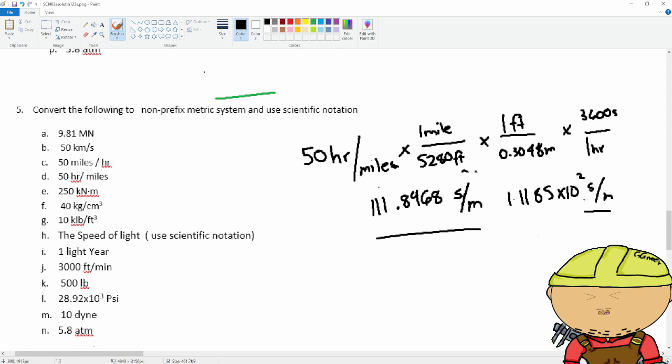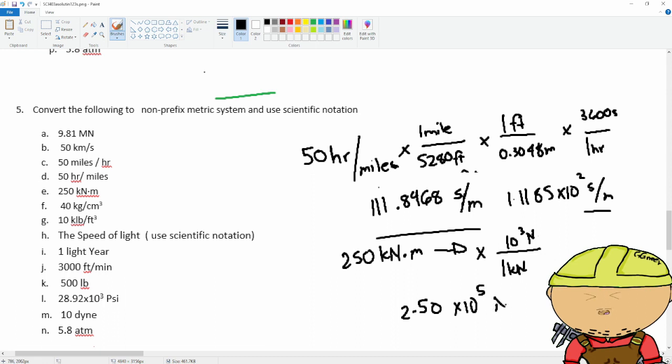Use scientific notation. Okay, 250 kilonewton per meter. Again, Newton is already a metric system. We don't need to convert it to kilogram. So it is already a metric system. So 250 kilonewton, 1 kilonewton is 10 cube newton, or 2.5 times 10 to the 5th Newton per meter.